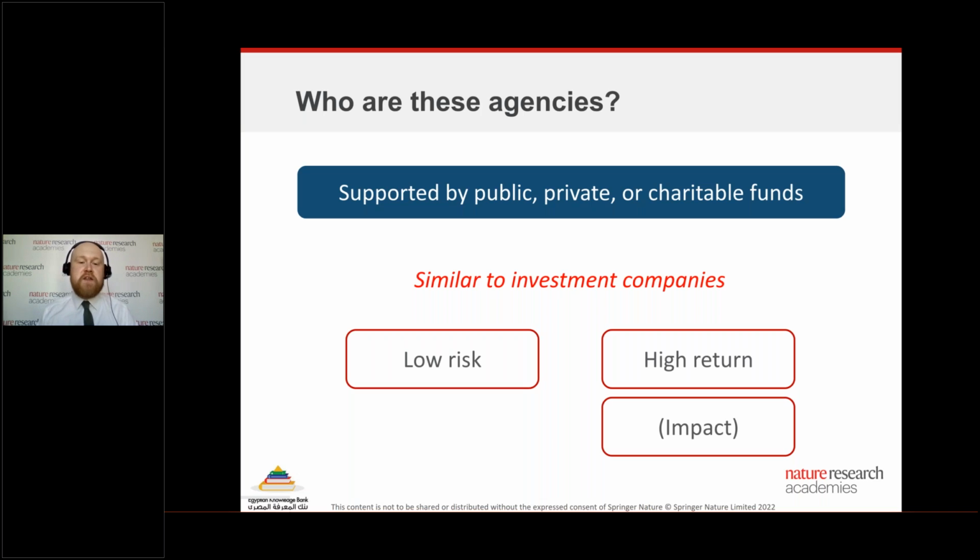So funding agencies hope that the project will be low risk and high return. What do we mean by return when we're talking about a funding project? Really, we're talking about impact. They hope that the project will generate an impact through its findings within the research community. Okay, they will provide meaningful and useful results.